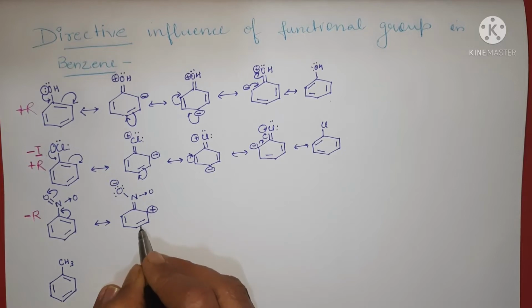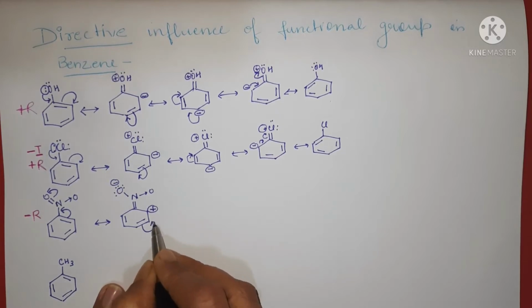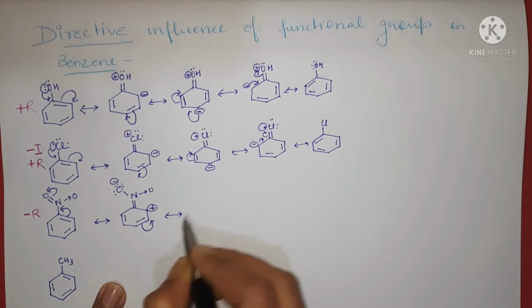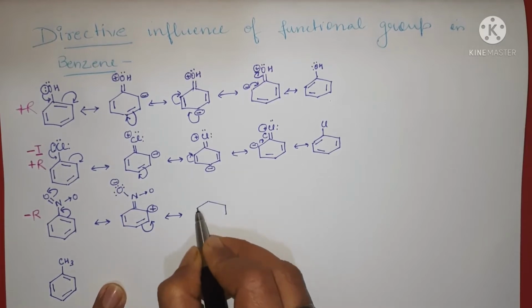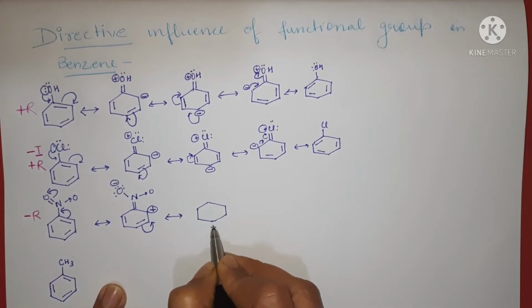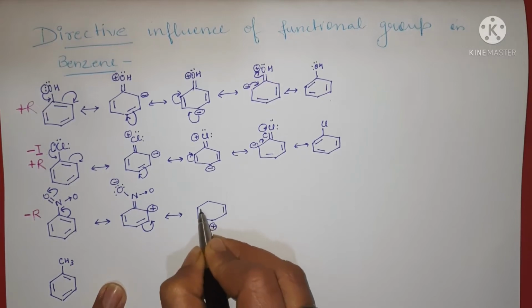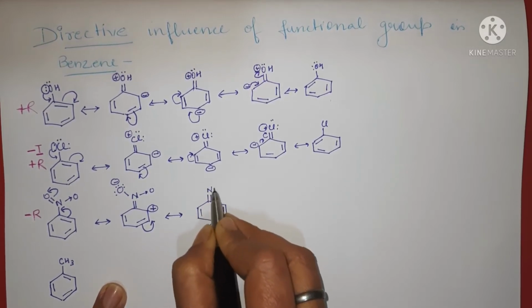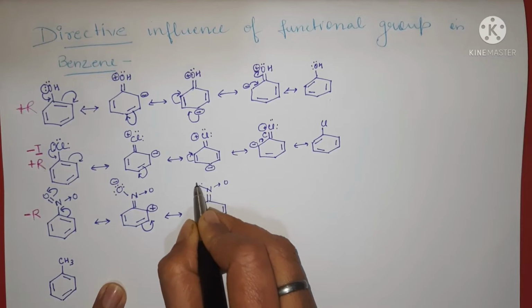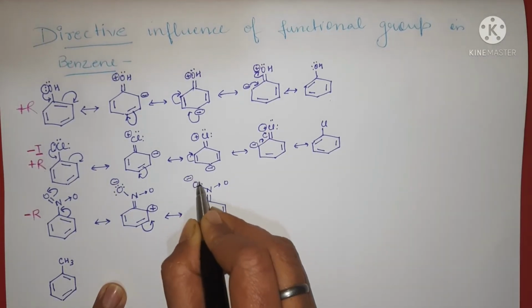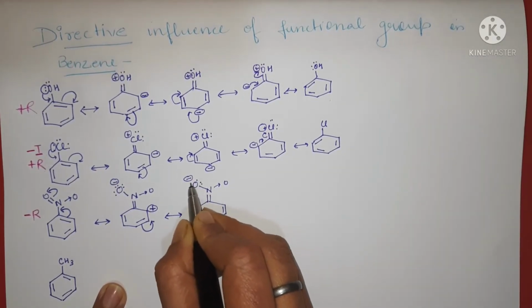Again, what is going to happen, this pi electron will shift toward this side, and we will have the positive charge movement here, a double bond here, this nitrogen, and oxygen having a negative charge with the lone pair.